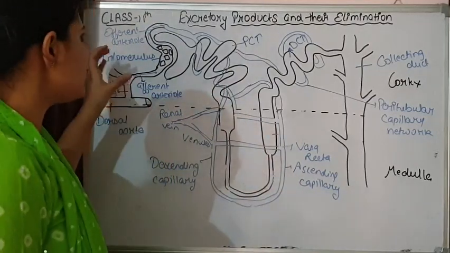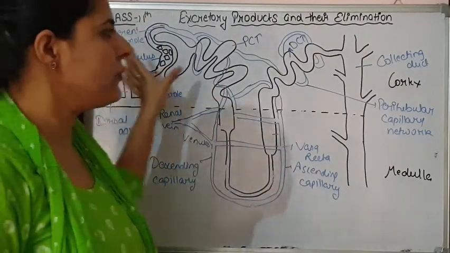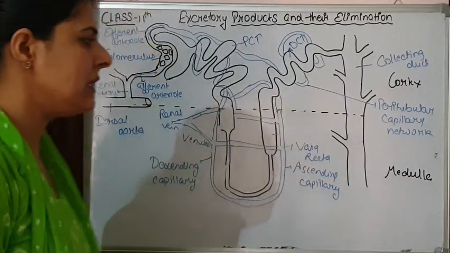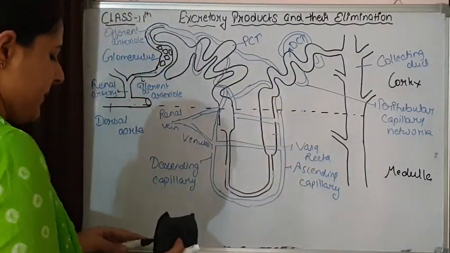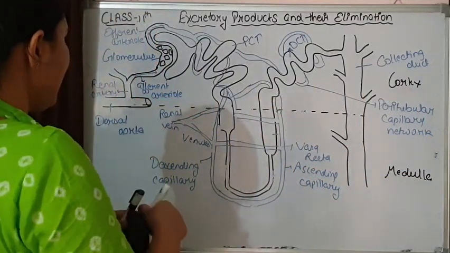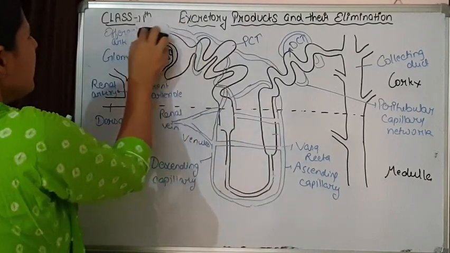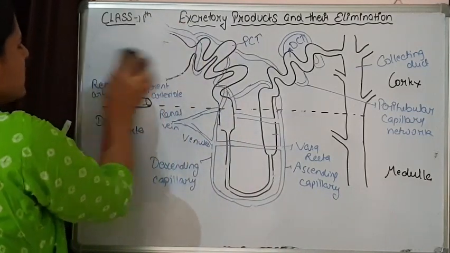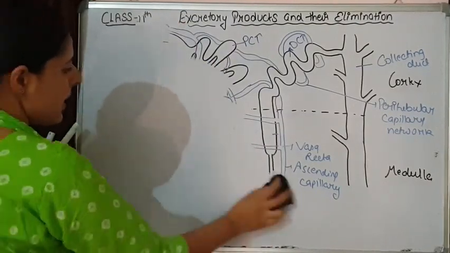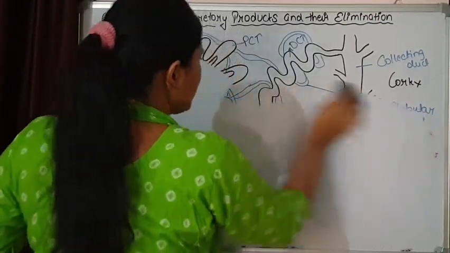So let's understand this whole blood supply in the form of a flow chart in a sequence. I am writing down everything in sequence to help you better understand how things are functioning.